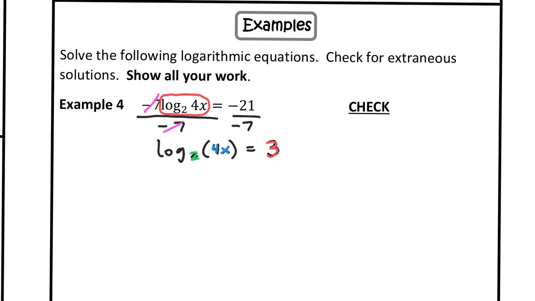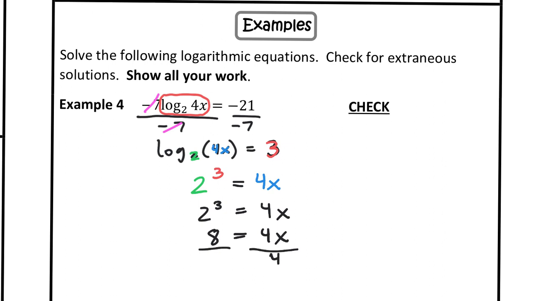So I can rewrite it as 2 to the power of 3 equals 4x. What's 2 to the power of 3? What's 2 times 2 times 2? It's 8. Then we can divide both sides by 4. And x equals 2.